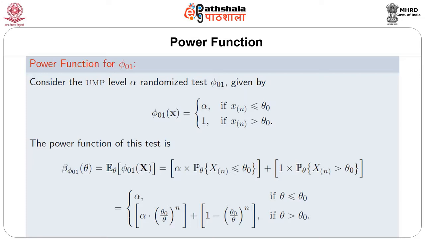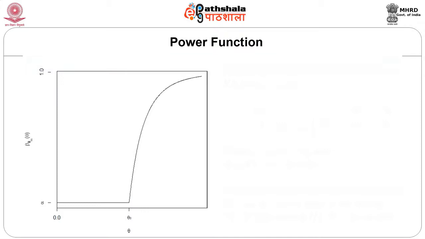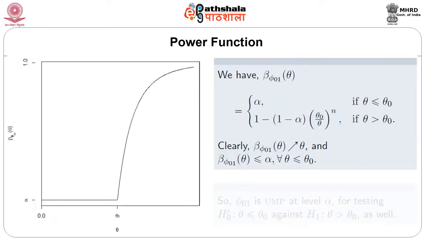So alpha into (theta naught by theta) to the power n plus the probability that x order n is greater than theta naught, 1 minus (theta naught by theta) to the power n. So this is the power function of this randomized test, and you see, this is initially alpha, and then it is alpha plus (1 minus alpha) times... 1 minus alpha into (theta naught by theta) to the power n.